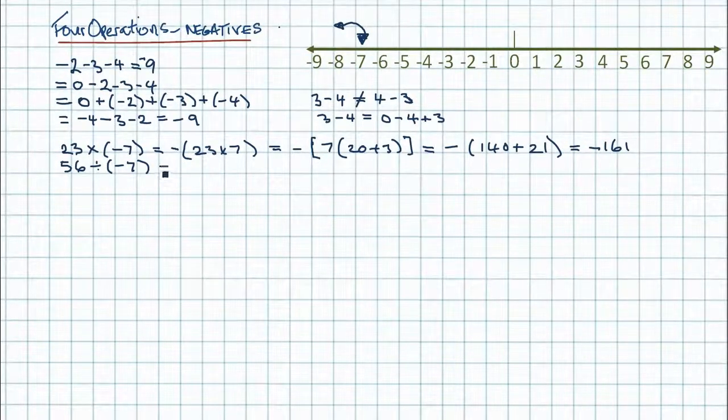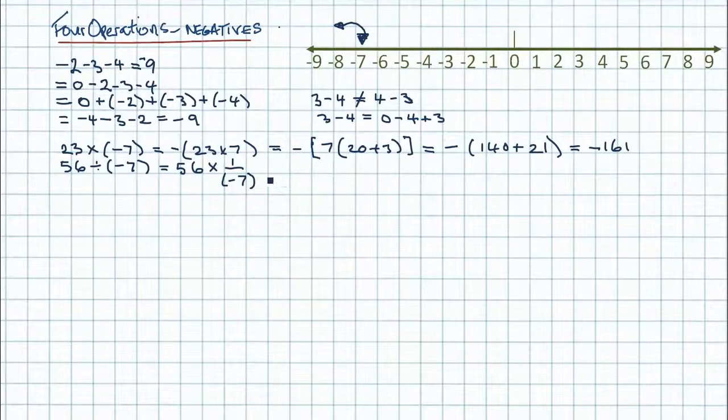Well, we can rewrite this in a slightly different way. Let's change it to a multiplication. Now, we've seen in an earlier video how we're perfectly entitled to do that. So we can say 56 times, well, normally it'd be 1/7, but this time it's 1 divided by -7.